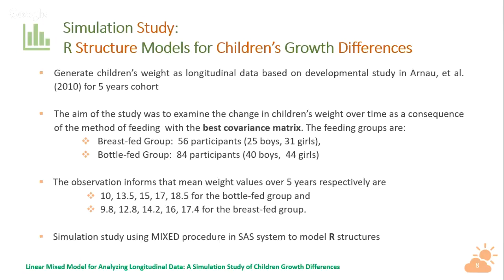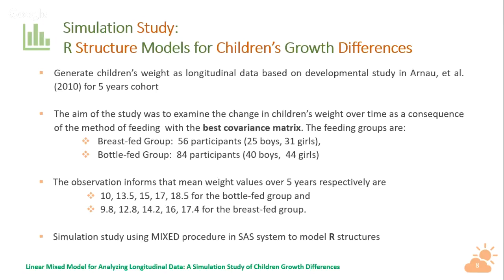From the former paper, Arno's paper, we just have the information that the bottle feed group has a mean in each year. In the first year, the bottle group mean is 10 kilograms, until the fifth year, where the bottle feed group has an average of 18.5 kilograms.